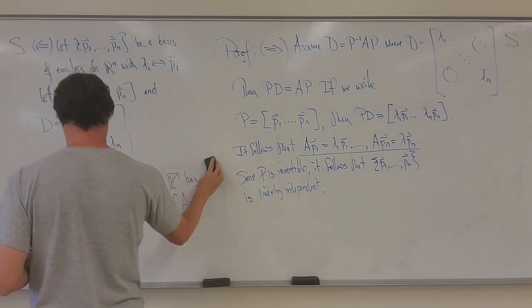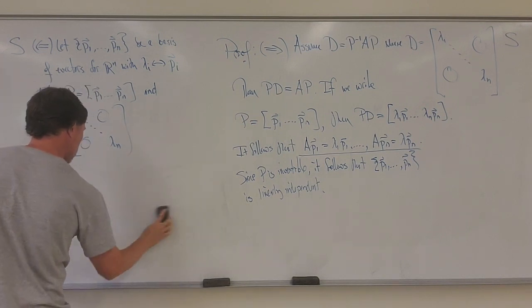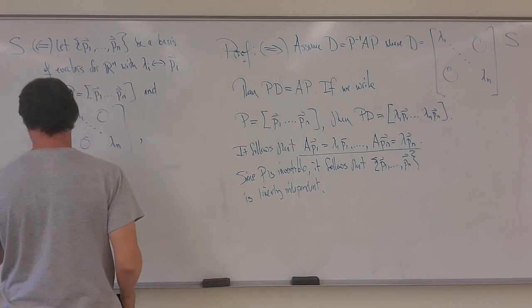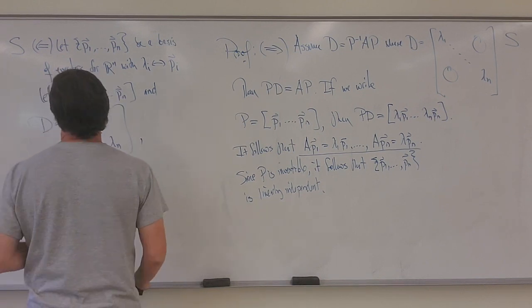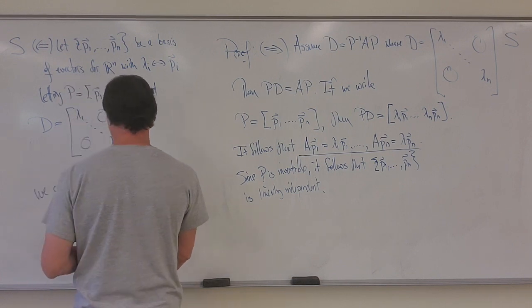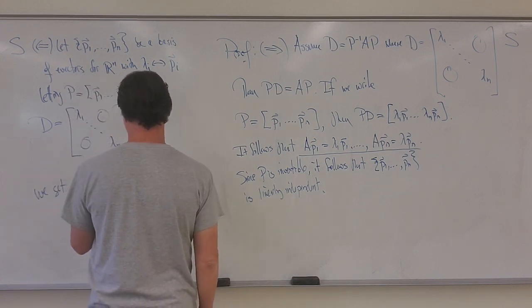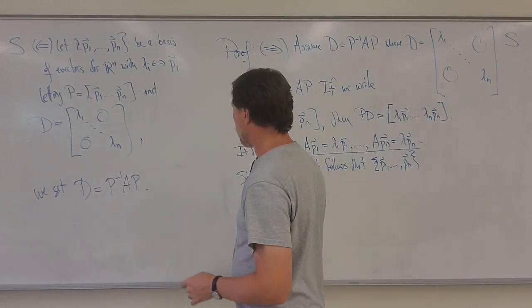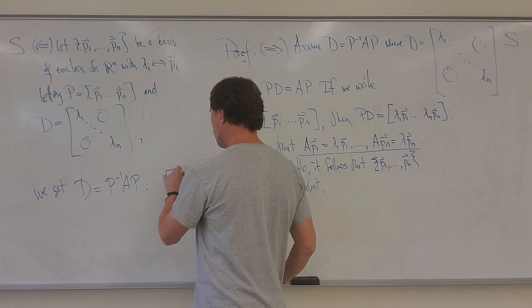So we get D equal to P inverse times A times P. Okay, so that concludes the proof of the theorem.